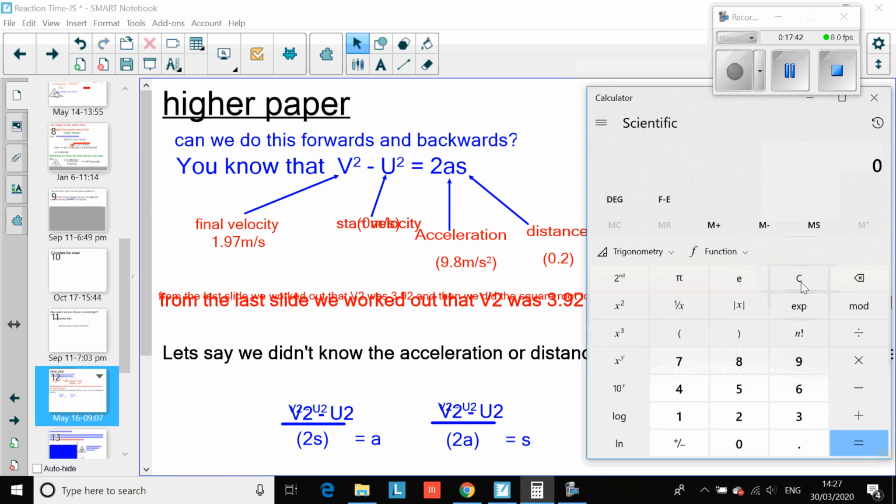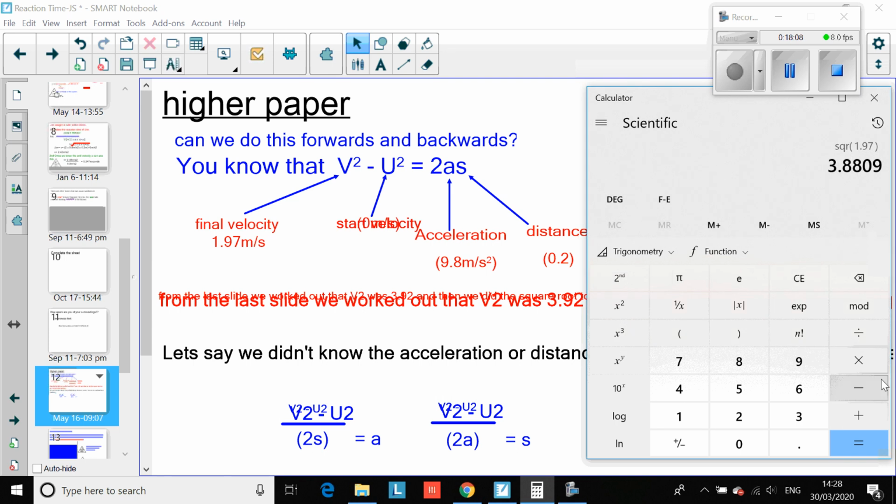Okay, let's try the other one. We're trying to work out what the distance is. Now we know the distance is 0.2, but we should still be able to confirm that. So 1.97, again velocity squared. Let's square that. There it is, 3.8809. I think that's the reason I'm a little bit off, because actually it was a longer number and I've just rounded it.